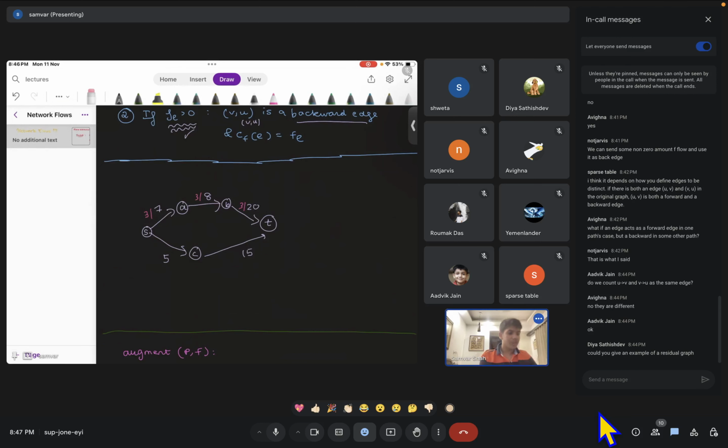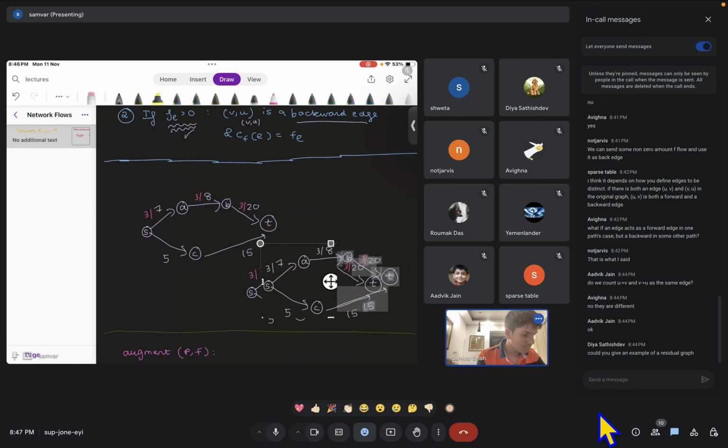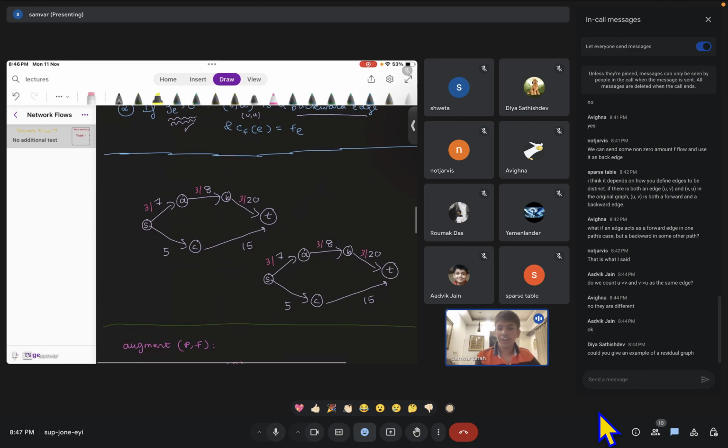Okay, so if this is our flow network, the first thing I will do is copy and paste. The reason you just copy paste is because the vertex set is going to be the exact same.